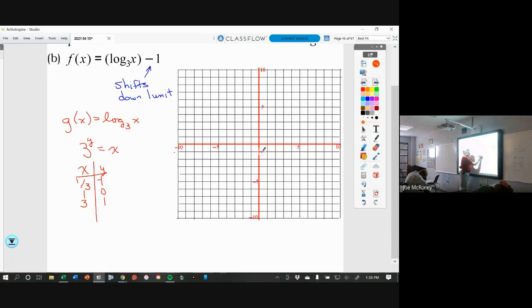Okay. 1/3, -1. 1, 0. 3, 1. Let's go ahead and try bigger y values. When y is 2, x is 9. So 9, 2.